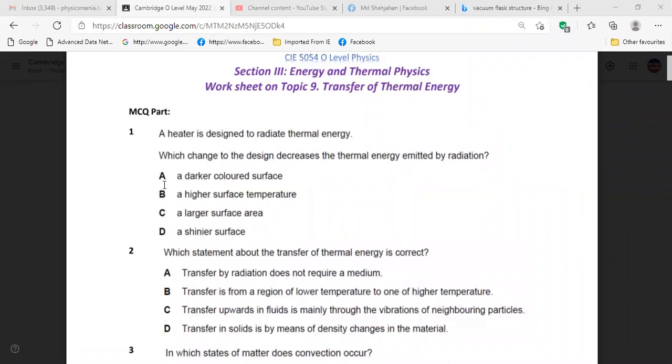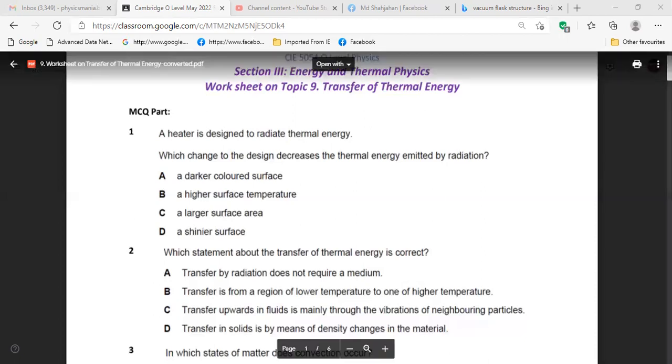Why is the answer D, shinier surface? Can anyone explain it? Sir, white and shiny objects are bad emitters of heat. Yes, so we want to decrease the emission of it, right? That's why the answer should be D. Very good.